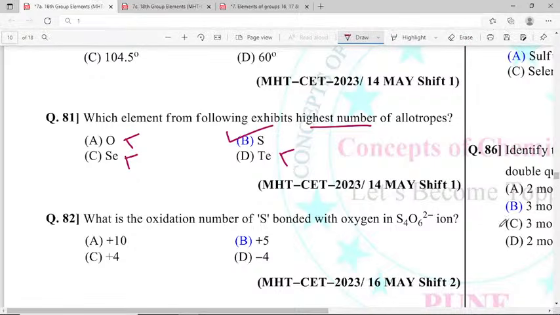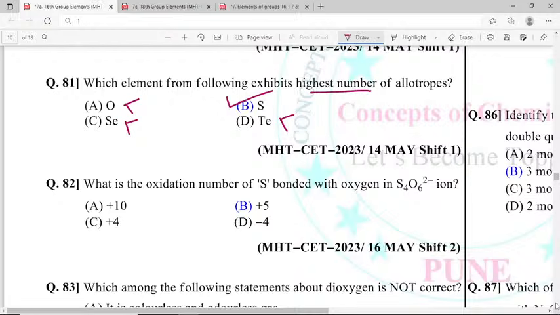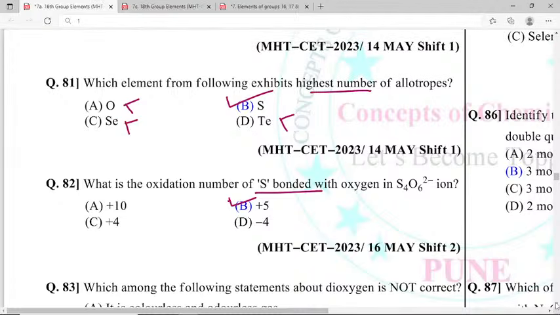What is the oxidation number of sulfur bonded to oxygen in the S4O6 2- ion? Sulfur bonded to oxygen is plus 5.